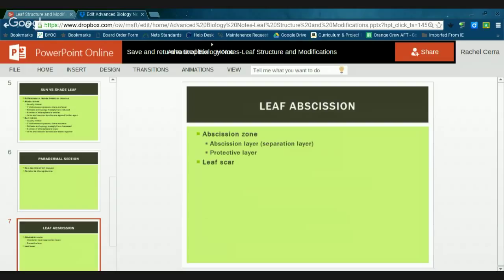Basically what ends up happening is the enzymes in that middle lamella between the two cells, the ones on the protective layer side, and then the middle lamella between the protective layer side and the abscission layer side, they're going to make these enzymes that are going to digest through the cell walls there, and that's how it's actually going to detach.